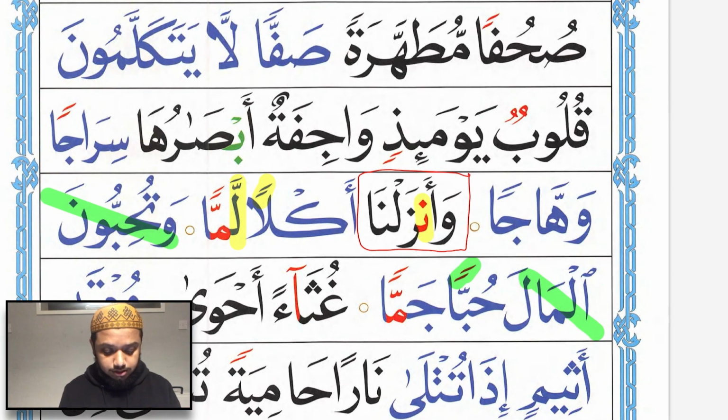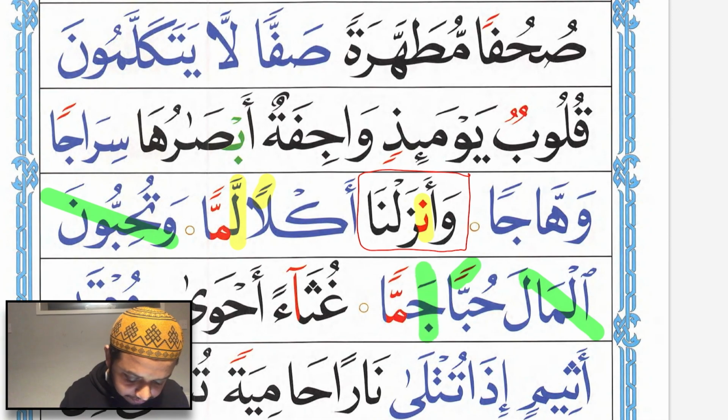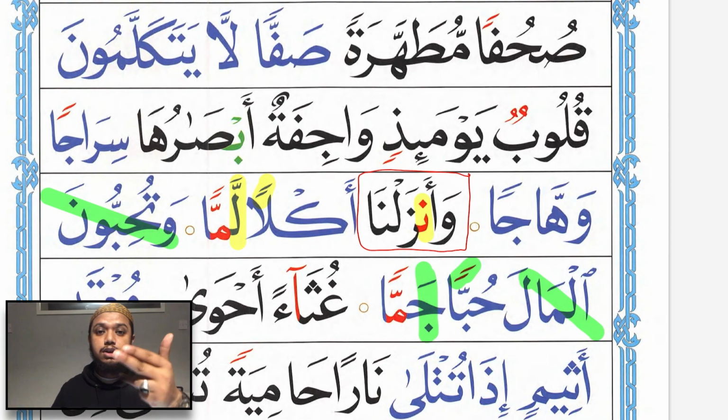We have a tanween, so we must look at the next letter. Is it one of these 6 yarmaloon letters? Ya, ra, mim, lam, waw, noon? No, it's not. Is it one of these 6 throat letters? Hamza, ha, ain, ha, ghain, kha? No, it's not.